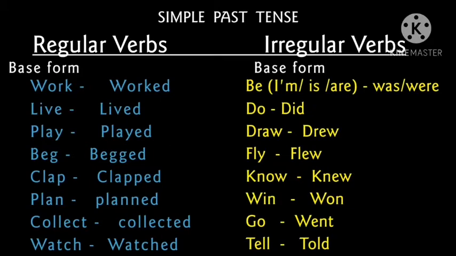Irregular verbs: be, was, were; do, did; draw, drew; fly, flew; know, knew; win, won; go, went; tell, told. Here you can see in regular verbs we will add ed with the base form of the verb. In irregular verbs we do not add ed.